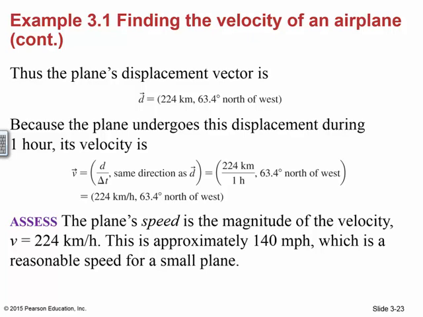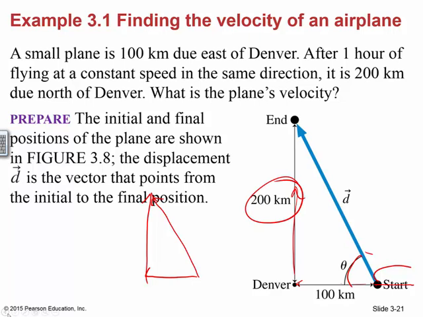Thus, the plane's displacement vector is, and this is how we'd write it, 224 kilometers, 63.4 north of west. Okay, north of west. And you say, how do you know that's north of west? Well, that's how you know.